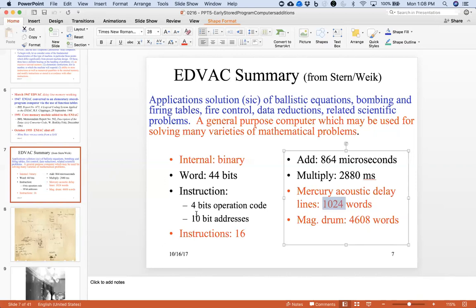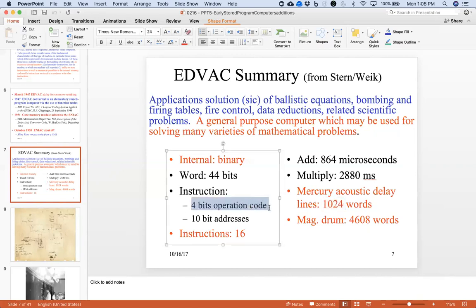So anyway, continuing along, because we have these 4-bit operation codes and 10-bit addresses, and the 10-bit addresses aren't important here, the 4 bits means that we have a total of 16 available instructions on the EDVAC computer. Now this may sound like not very many, because today's computers, like if you have an Intel processor, have hundreds of instructions.